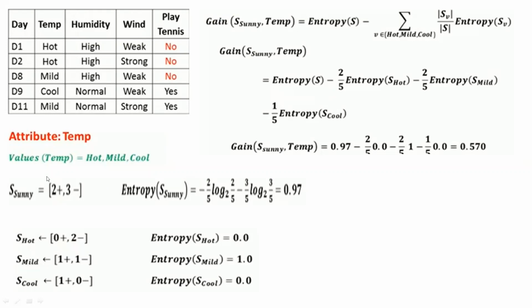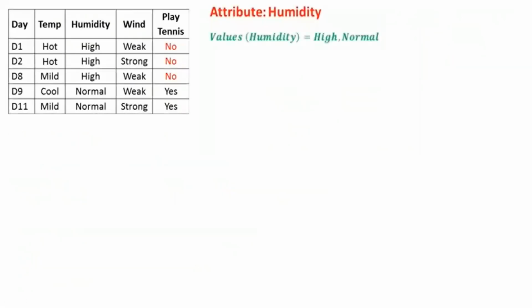In turn, again you will be taking the attribute temperature. Within this, you will be having 3 values. You calculate entropy of it based on these 3 values, and then you calculate information gain. After substituting, you will get the information gain of temperature. Similarly, you need to calculate it for humidity as well.